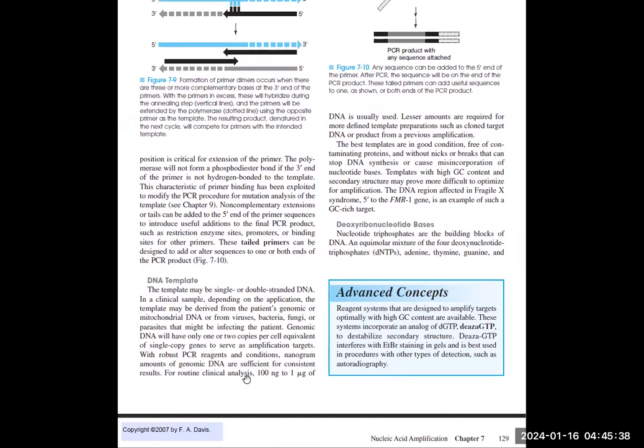Usually, this is the amount that we need to derive enough sequences. So again, don't forget this one: for clinical analysis, 100 ng to 1 microgram of DNA is usually used. However, if we were able to purify and clone our DNA from a previous amplification, lesser amounts are required.